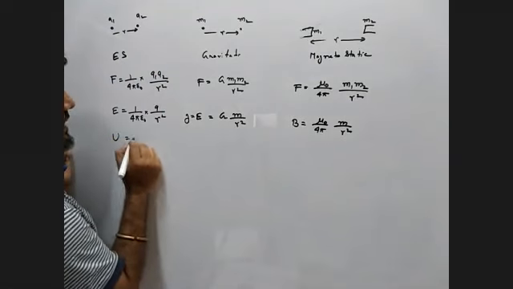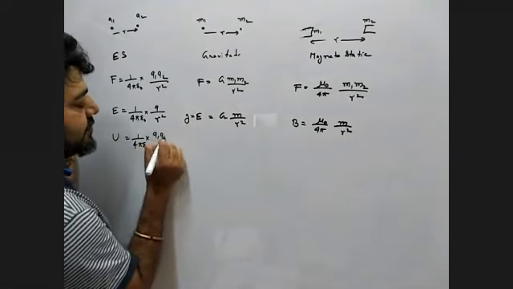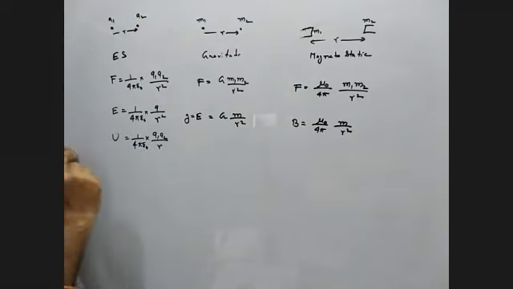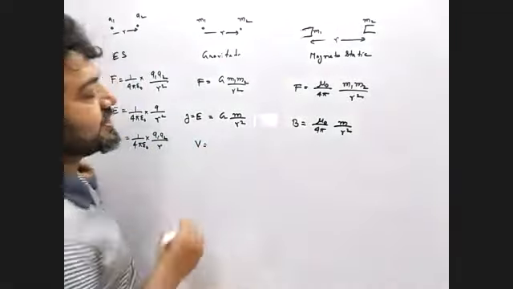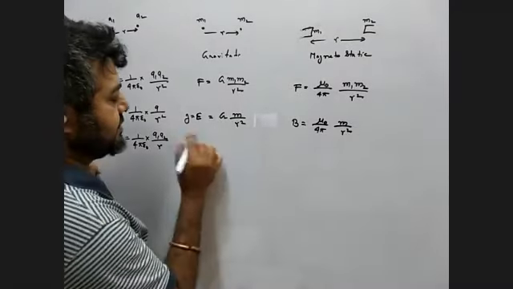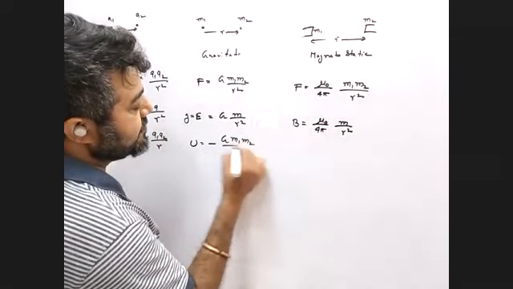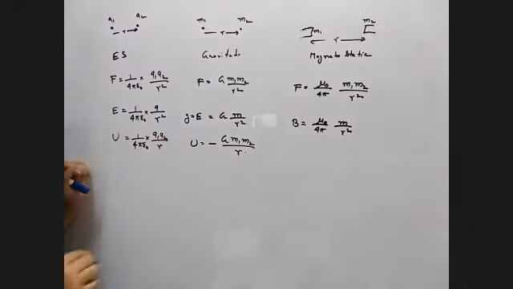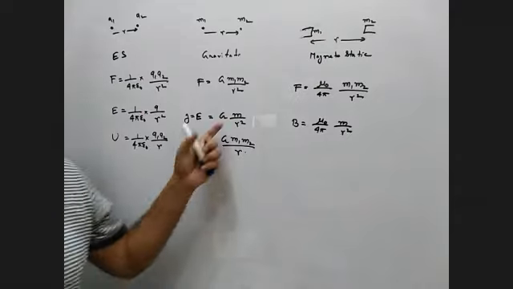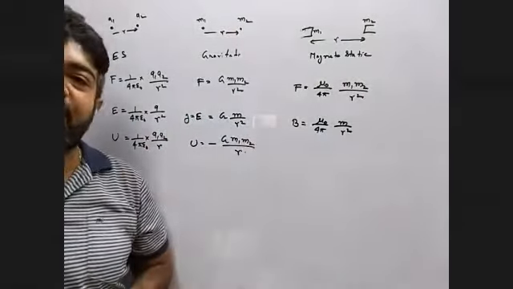Next is potential energy, 1 by 4 pi epsilon naught q1 q2 by r. Here the potential energy is minus G m1 m2 by r. Why do we use this minus? Because here the gravitational force is exactly opposite of the electric or magnetic force.